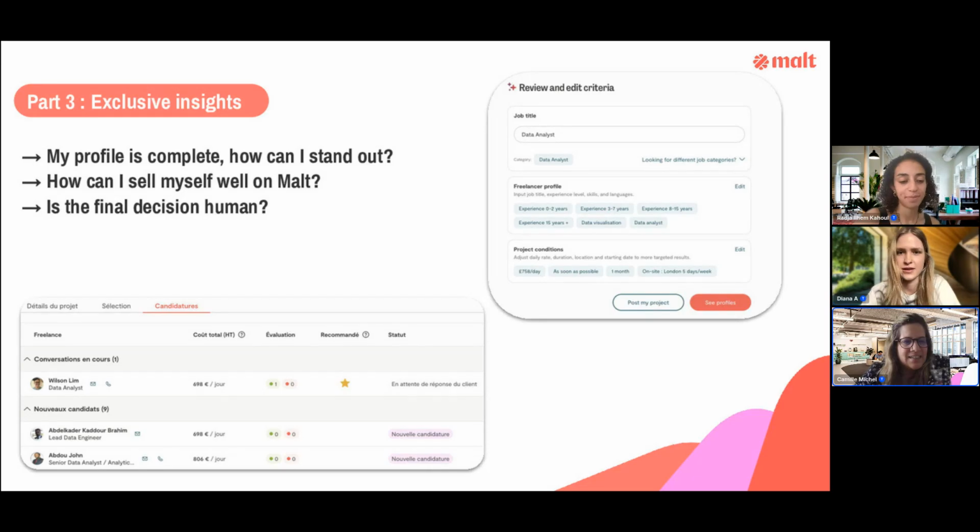So how can I sell myself well on Malt? So yes, selling yourself is slightly different from what we've just seen, because here it's more about convincing the client that you're the right fit for a specific project. So of course it starts with a solid profile again, but it also comes down to how you respond to opportunities. For example, personalize your messages, show that you have understood their need, and highlight the most relevant experiences and skills for that particular project.